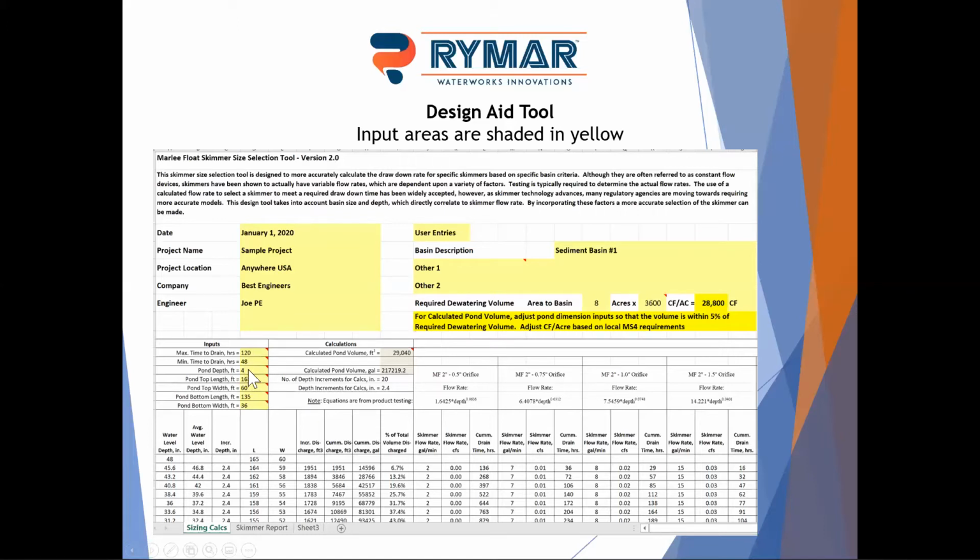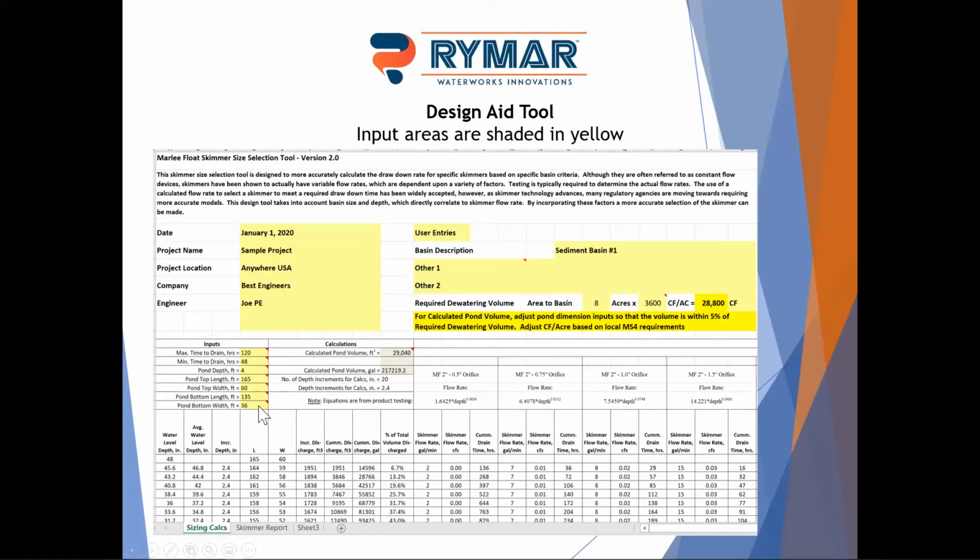Your pond depth. Now your pond depth would be the depth that is controlled by your skimmer. So if you had depth above your riser or areas that are not controlled by the skimmer, you would not include that. Or if you have depth that's going to create greater volume than your required volume, you would not include that depth. Your top length and width and your bottom length and width.